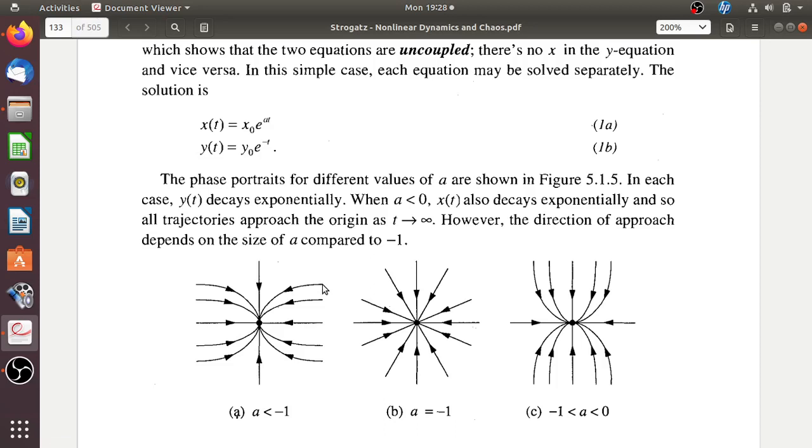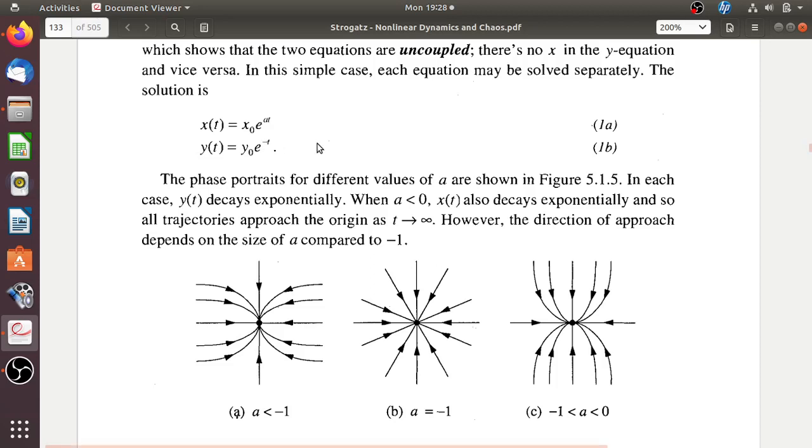Then x is rapidly decreasing, and only after it decreases enough does y start dominating or showing its effect. This is how the phase portrait looks when A is less than -1.